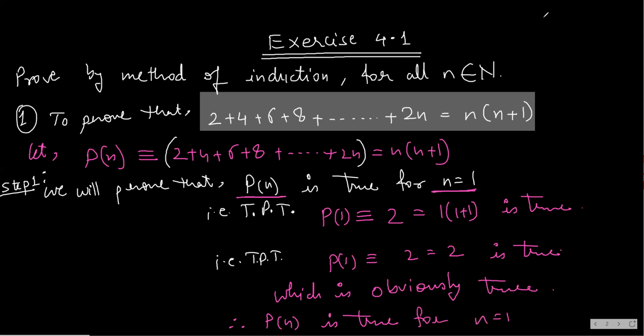So you have proved that P of n is true for n equals 1. The first stage is over. It is time now to go to step 2. What we have proved in step 1 is that this proposition is true for n equals 1, that is, when there is just one term.